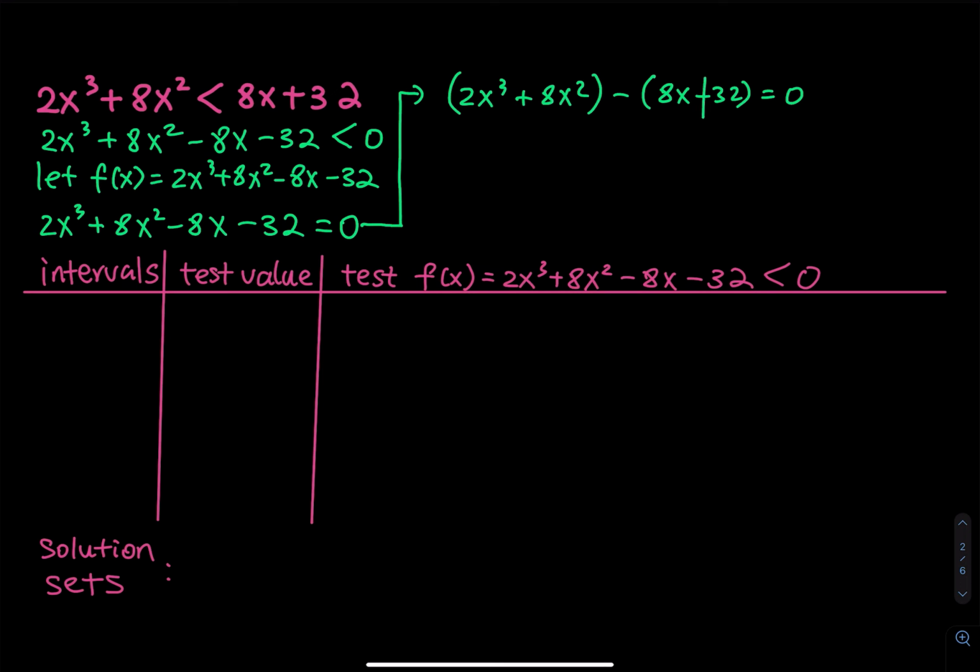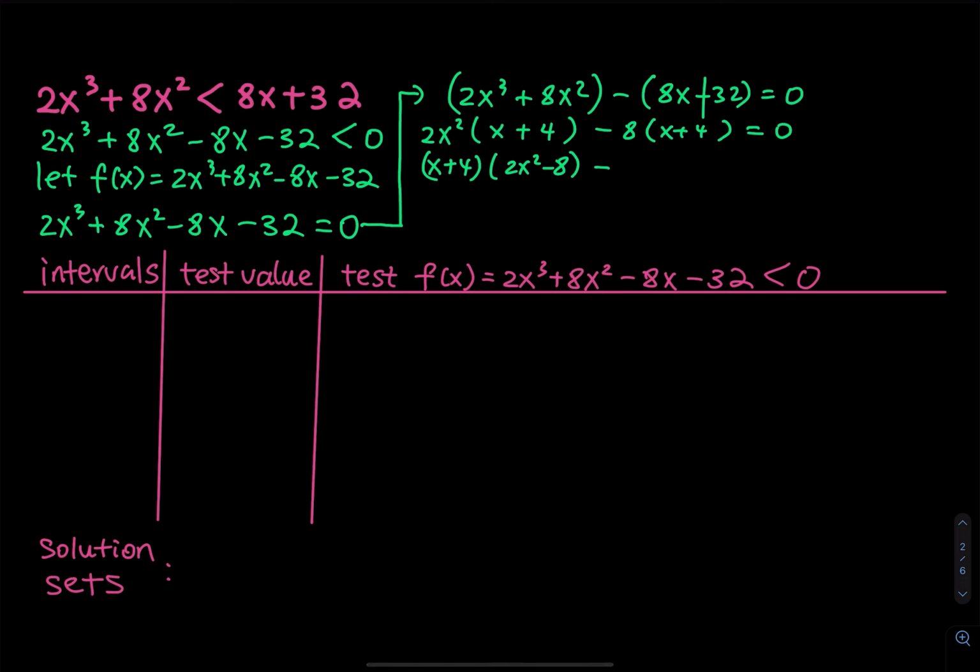And then you factor out 2x squared in the first parenthesis. So 2x squared times x plus 4, and then minus 8 times x plus 4, equals 0. And then you factor out x plus 4. You factor out x plus 4, and then you have 2x squared minus 8. Do we agree that we can factor out the 2 as well?